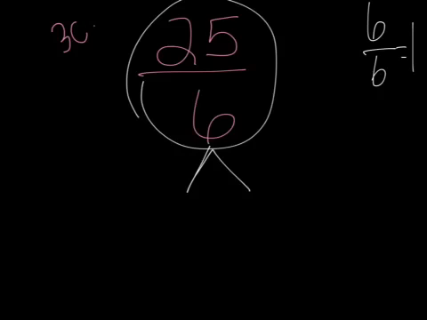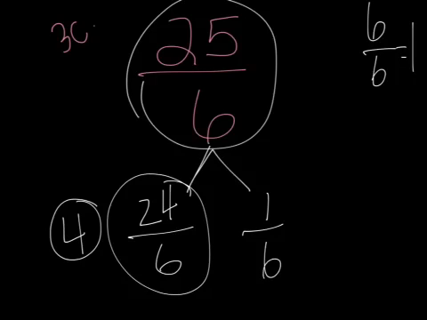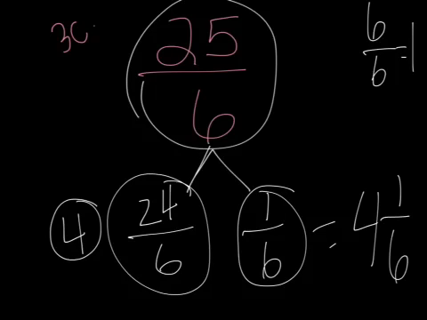We passed 25, so we need to go back to 24. So we have 24/6, and we know that 6 times 4 equals 24, so our whole number is 4. And then we have 1 left over because we started with 25, so we are left with 1/6. So our mixed number is 4 and 1/6.